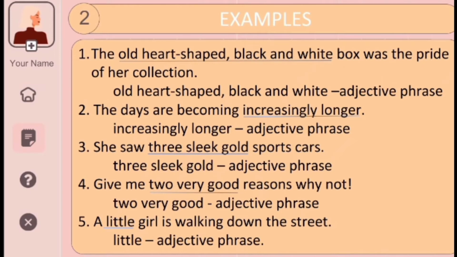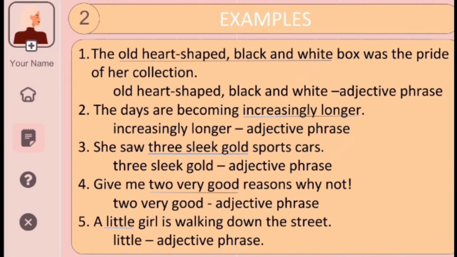Now, and in here is a conjunction, but it's joining together black and white, so it's still part of the adjective phrase. It's pulling those two adjectives together, black and white. So black is an adjective and white is an adjective also, and the conjunction and is pulling them together.